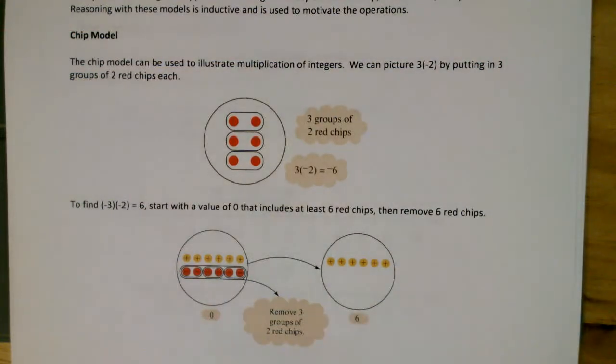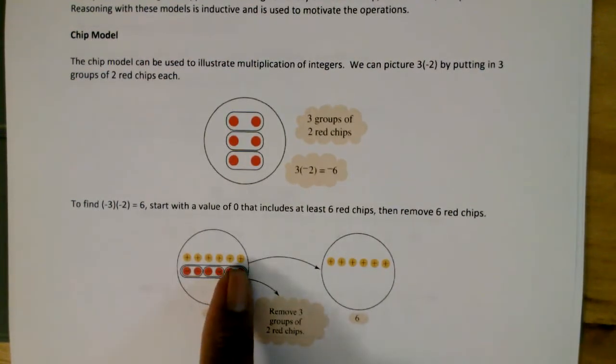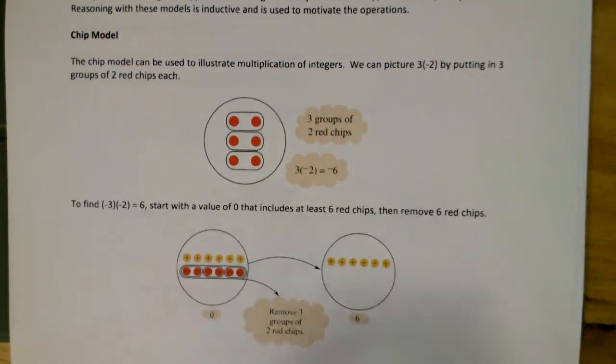Now, if I want to find -3 times -2, we start off with a value of 0 that includes at least 6 red chips, and then remove the 6 red chips. So here, a 0 pair, a value of 0. So I'll do 6 yellow and 6 red chips. That represents a 0 pair.